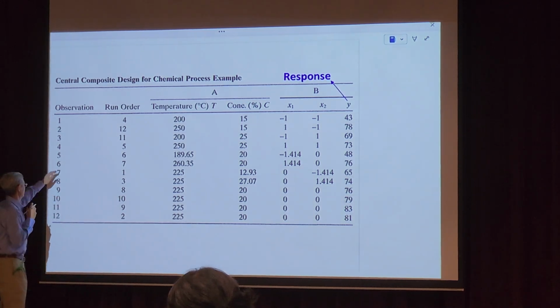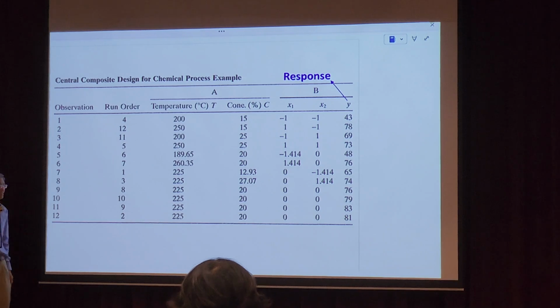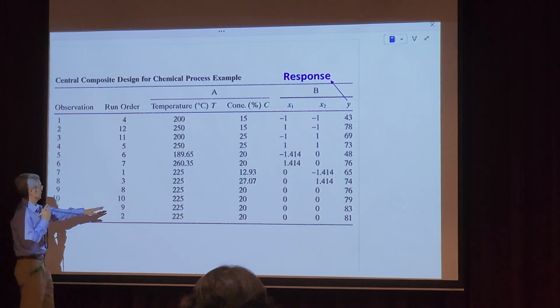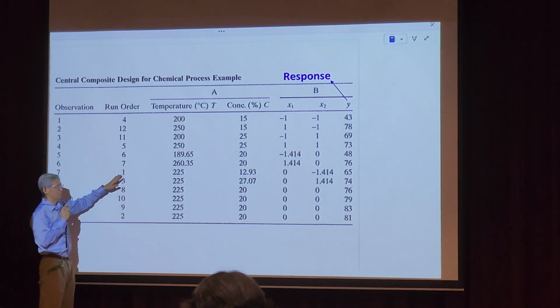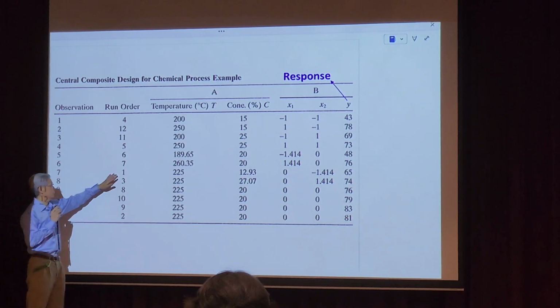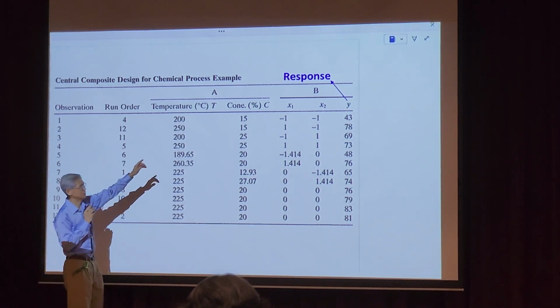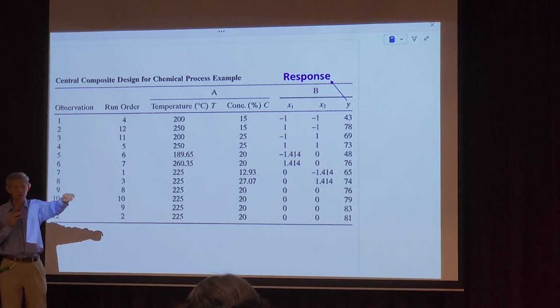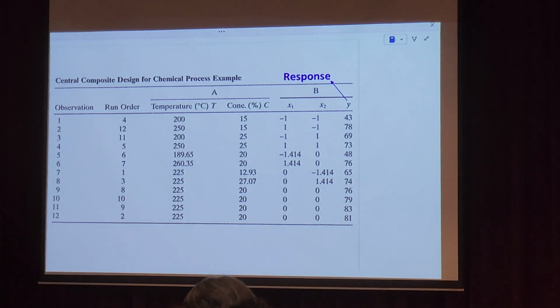There are 12 experiments done in order for us to collect enough data to plot this surface called response surface. And here is the run order. Well, it's prudent to do the experiment in a random order. You don't want to say, okay, I'm going to start with this corner and then keep on going around it. You want to do it in a random order to get rid of whatever bias there is.